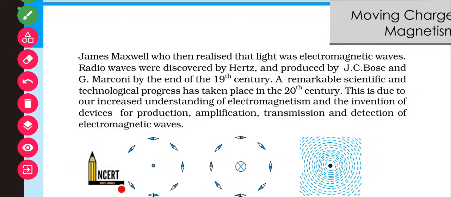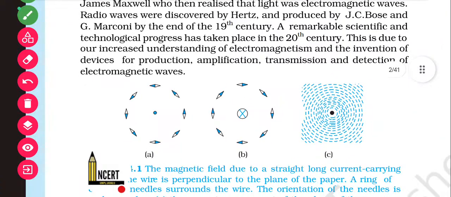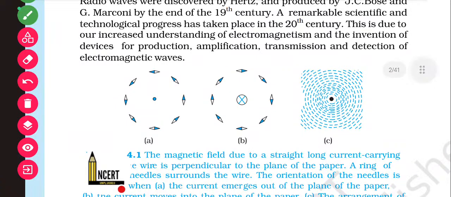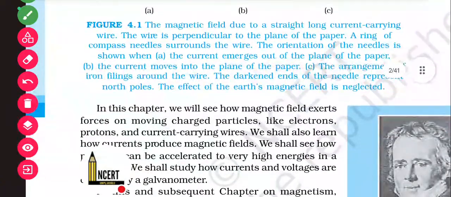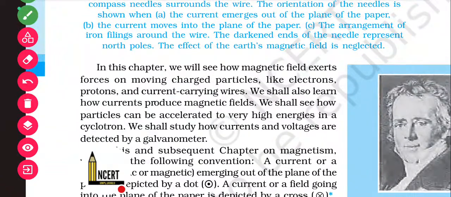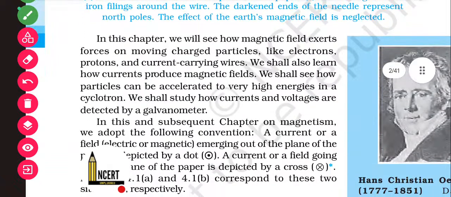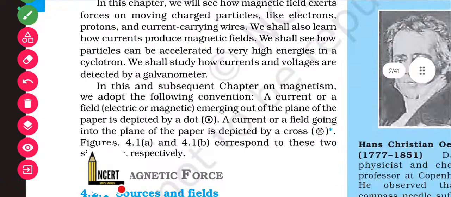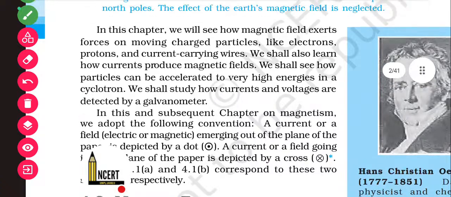He gave the hypothesis in theory, and then Marconi, J.C. Bose and Hertz proved it experimentally. Now we have applications of electromagnetism, like production, amplification, transmission and detection of electromagnetic waves, and our modern amenities and devices are based on this. You will study this in the electromagnetic wave chapter, where we'll see the application part.